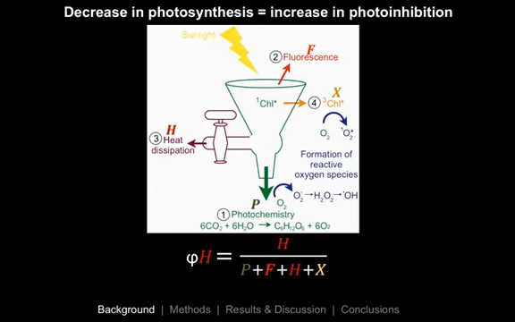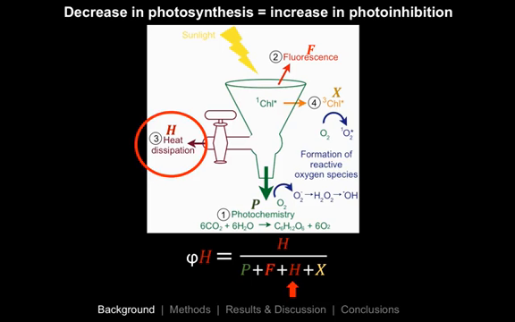If we think about all of this like a mass balance equation, heat dissipation is represented by that red H, photochemistry by the green P, the formation of reactive oxygen species by the X, and fluorescence by the red F. The reason we're interested in heat dissipation is because an increase in photoinhibition or photoprotection is suggestive, most of the time, of a decrease in photosynthesis.